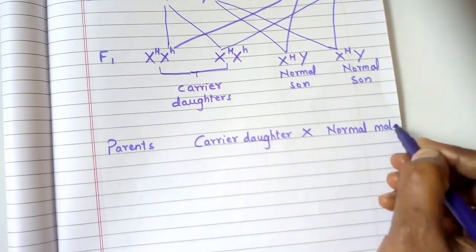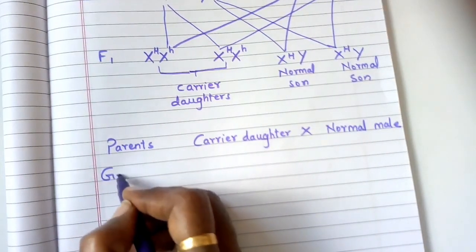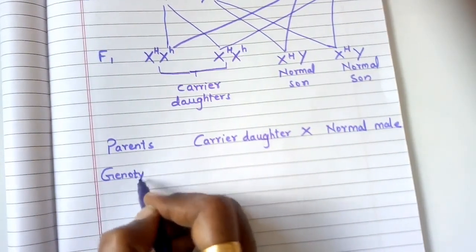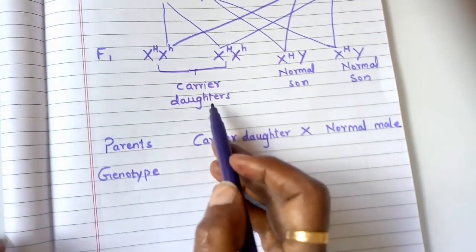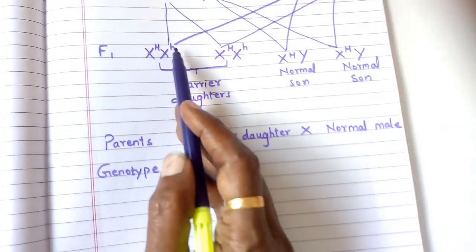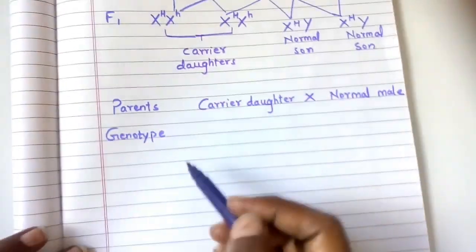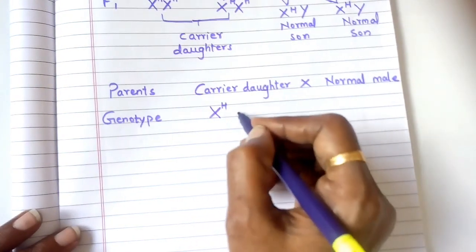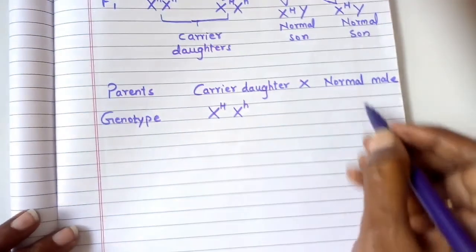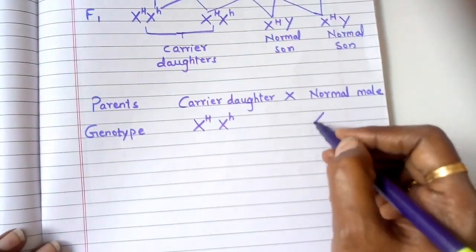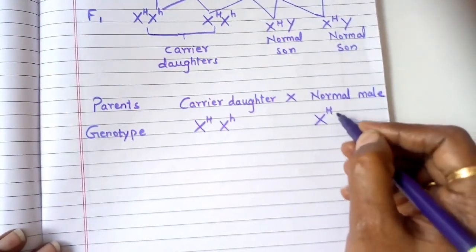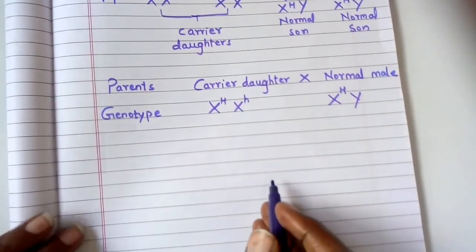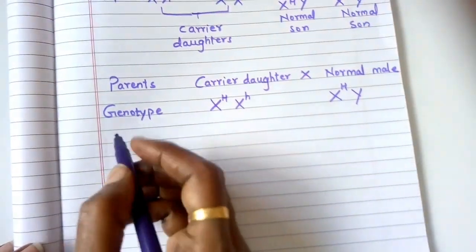Their genotypes: for the carrier daughter, one has to be capital and the other small, so this is X capital H, this is X small h. For the normal male it will be X capital H, and on Y there are no genes. So these are the genotypes.